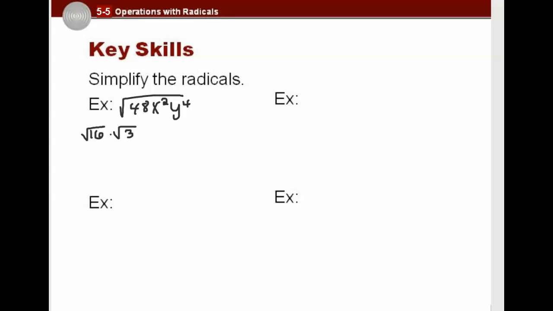And then x squared and y to the 4th are both even, so we divide their exponents by 2. So you get x and y squared. But because x squared became x, it gets an absolute value. And then for the last part, I simplify the square root of 16. So I have 4, absolute value x, y squared, root 3.